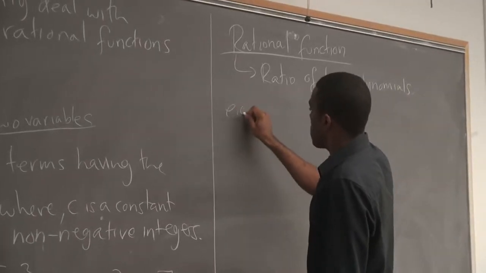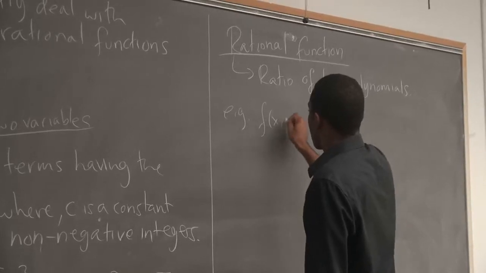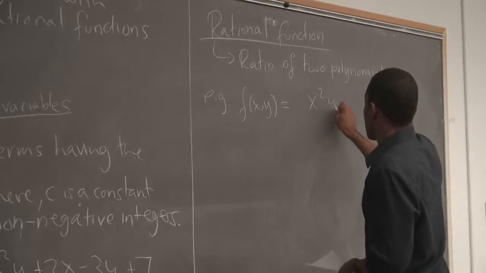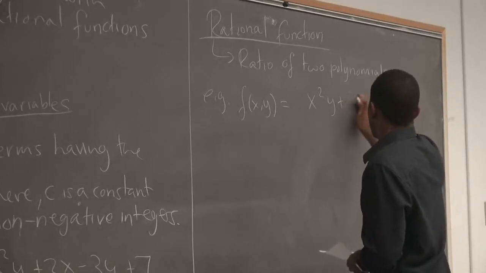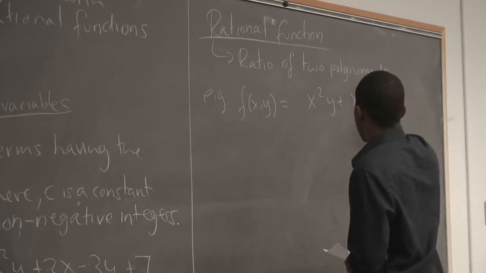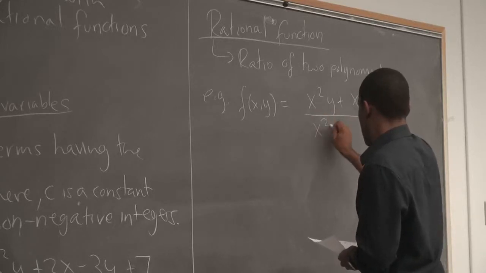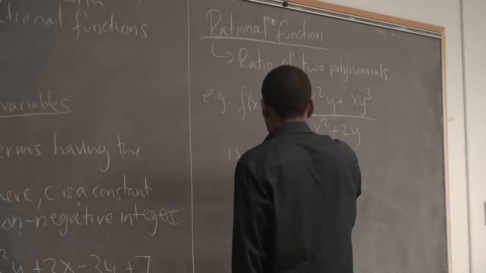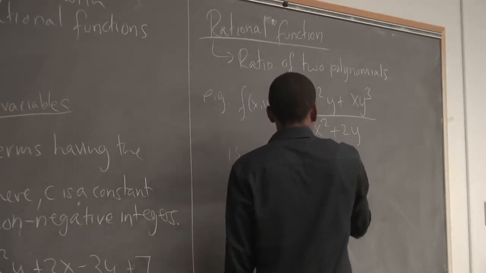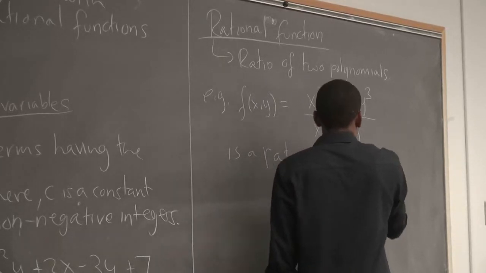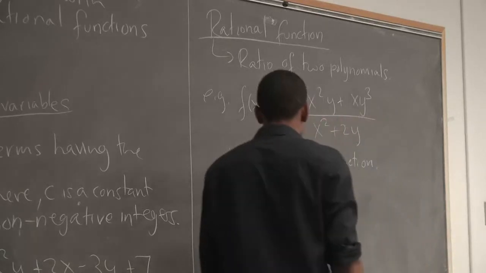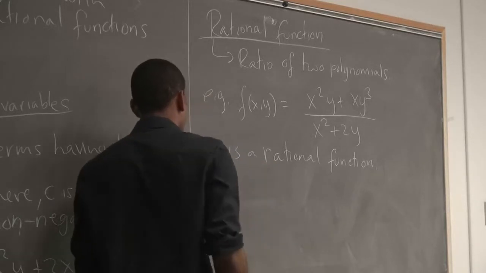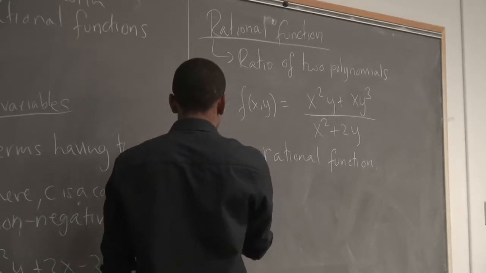So, example, f(x, y) equals... As far as continuity and where they're defined go, what's the difference between polynomials and rational functions?